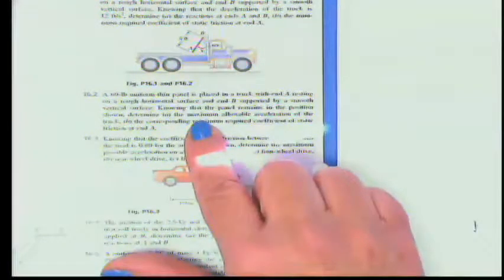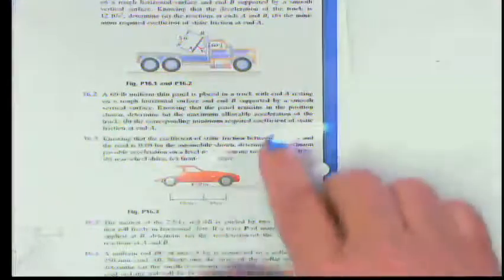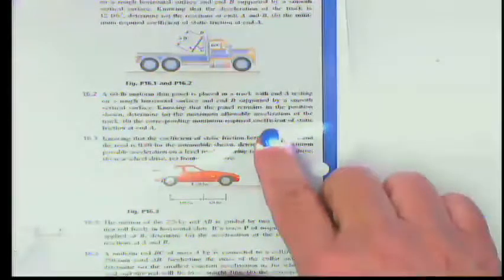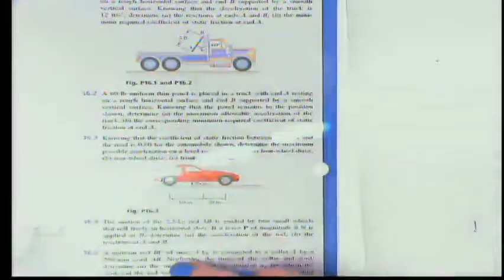It's going to overcome the friction, and the weight of the plate is going to drag it down so that it will be lying flat on the flatbed. So what is the most acceleration that we can move forward with in order for that not to happen? And then the second is what's the corresponding minimum required coefficient of static friction here at end A.